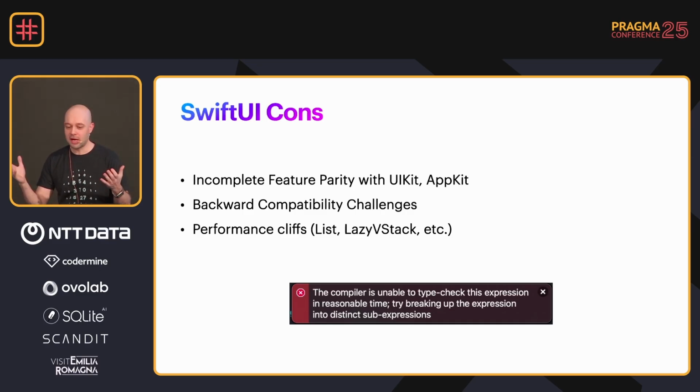find some hacks. And finally, you have some performance cliffs, where it's not as performant as UIKit in some cases with complex UI hierarchies. And if you actually develop with SwiftUI, you are probably very familiar with that error over there, which says the compiler is unable to type-check this expression in reasonable time.